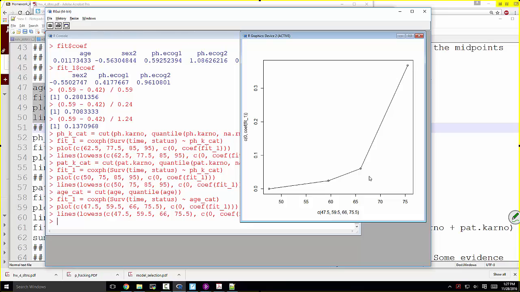Let me say something about that real quick. Maybe we don't care so much. If age is not the variable of primary interest, then all I really want to do with it is adjust for it.